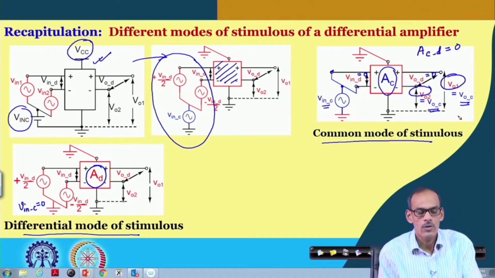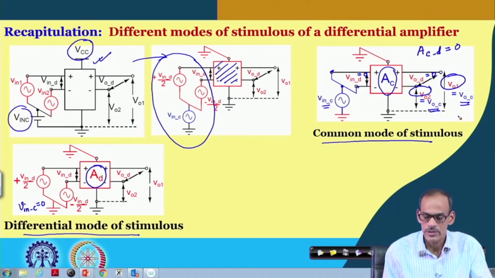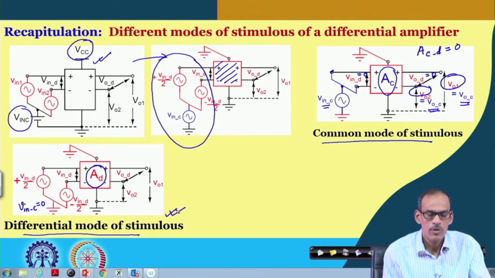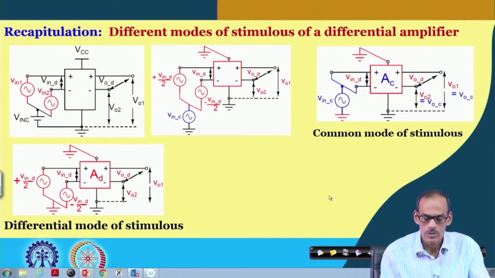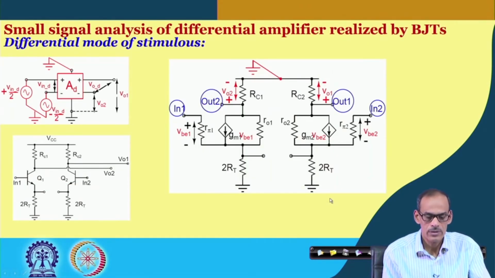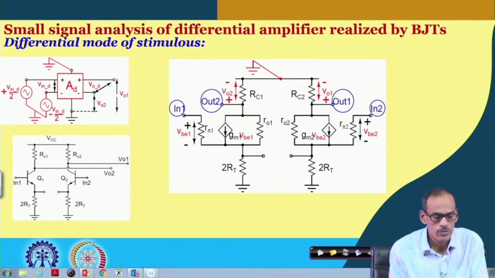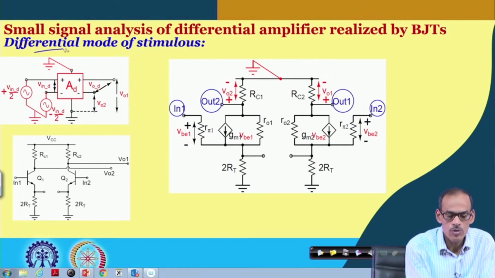So, now what we will be doing is, let us start with the differential mode of stimulus for the small signal equivalent circuit obtained out of the BJT implementation. So, we do have here the small signal equivalent circuit, and we would like to put the differential mode of stimulus as you can see here.